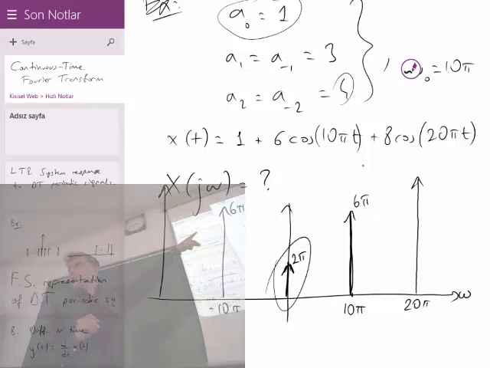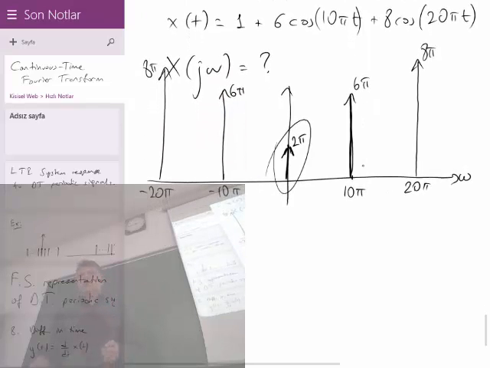A2 is 4. It's not 2 pi times 8. It's 2 pi times 4, because in the earlier expansion of the cosine, you have 1 over 2. Okay, don't forget that. So 2 pi times 4 is 8 pi. And this one is 8 pi as well, at minus 20 pi. So this shape is the Fourier transform, X of j omega, the proper way of answering the question.